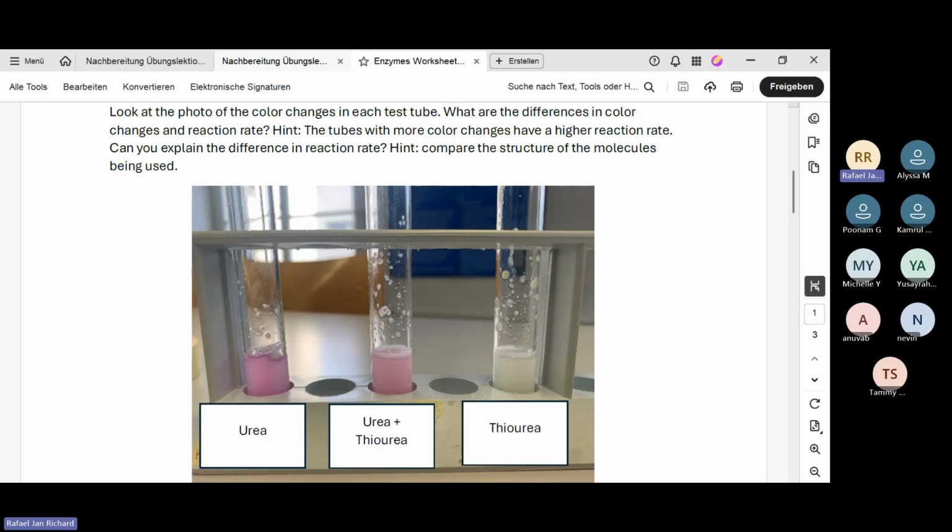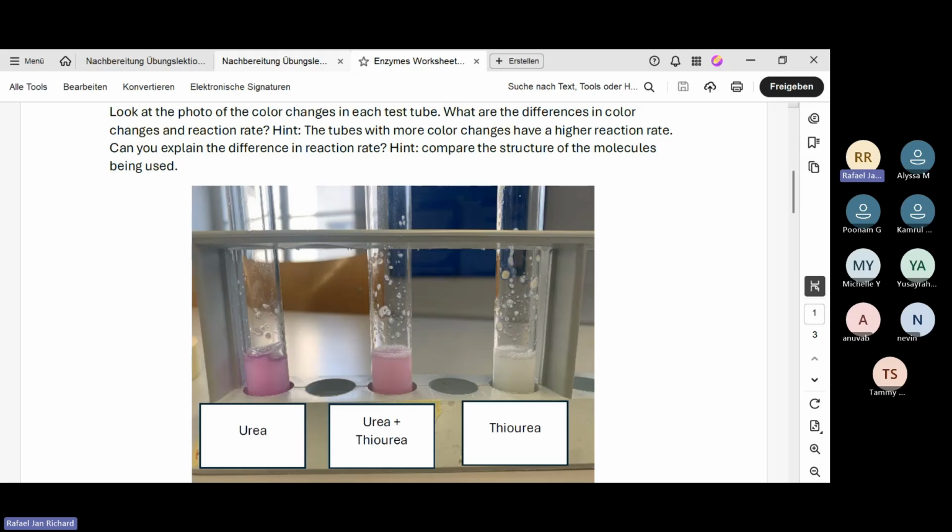So there will be a higher rate of the reaction because the concentration of urea is higher in comparison to thiourea, and therefore there's a higher probability that the actual substrate meets with the active site. And that's a perfect answer.